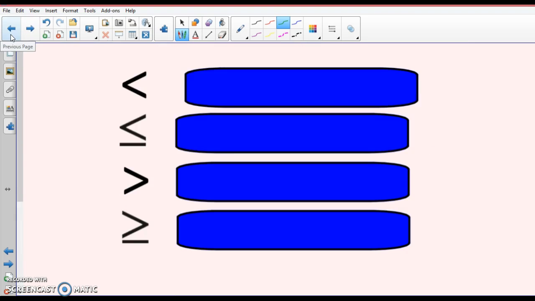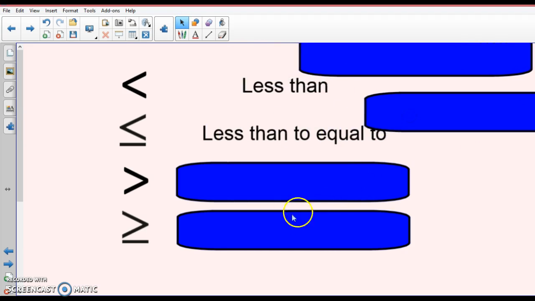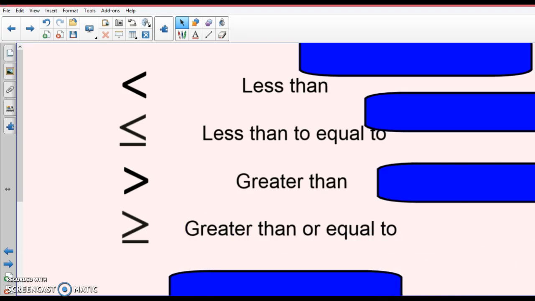All right, review. That's less than or equal to, greater than or equal to. Fill those in. And the circles on less than and greater than are open.